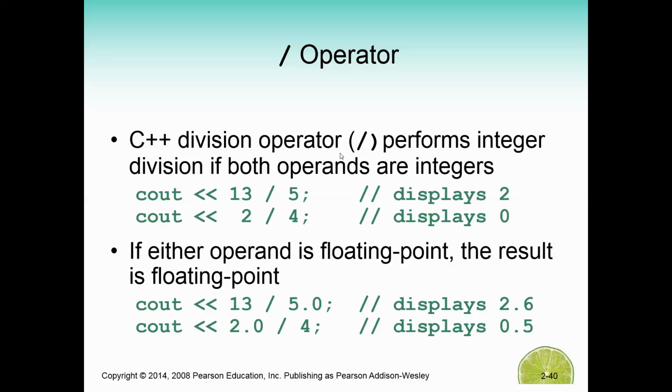If I am dividing two integers, like in this case, the 13 divided by 5. Because I'm dividing two integers, my result is going to be an integer.